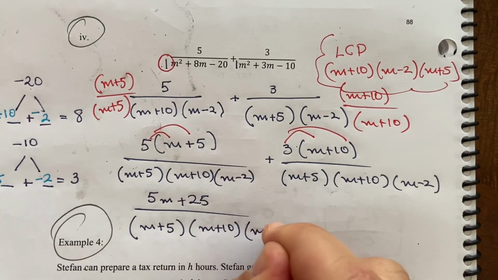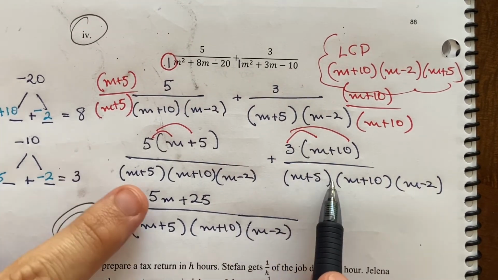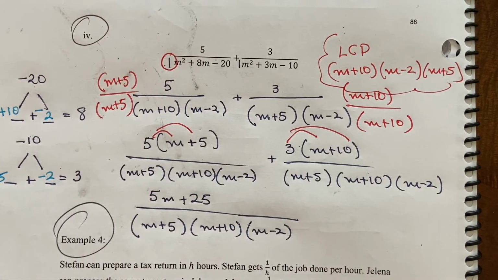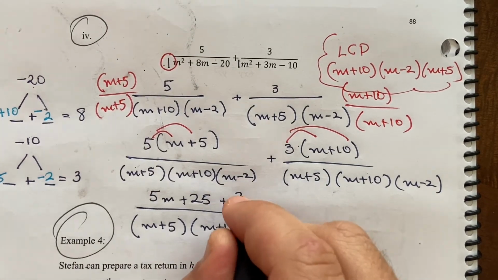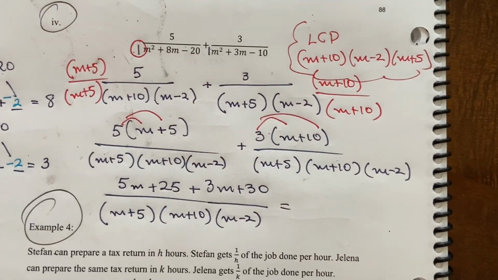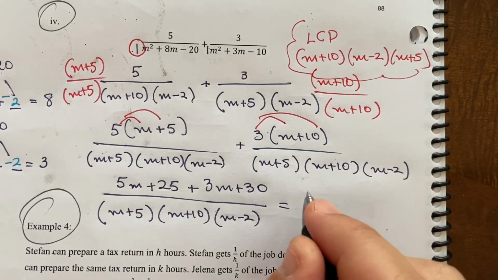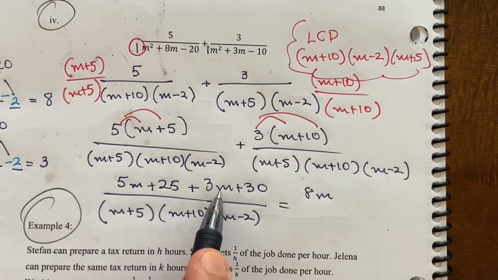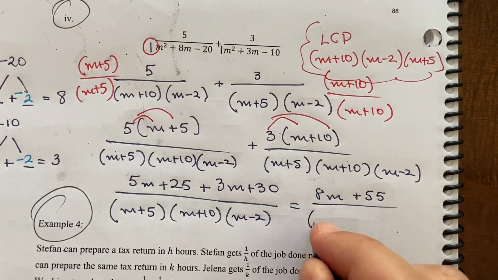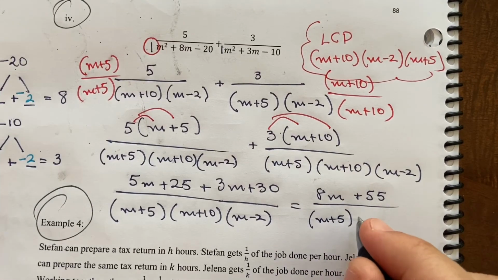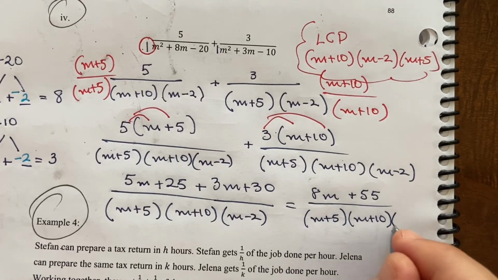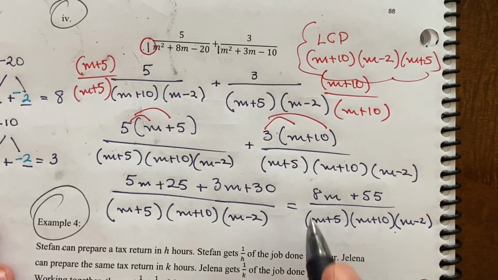And then at the same time as well, I'll go ahead and bring them together. So once you have the same denominator, you can go ahead and preserve that denominator and then bring the numerators together. So I then have plus 3m plus 30. So in simplified form, it looks like 8m plus 55 over m plus 5, m plus 10, and m minus 2.